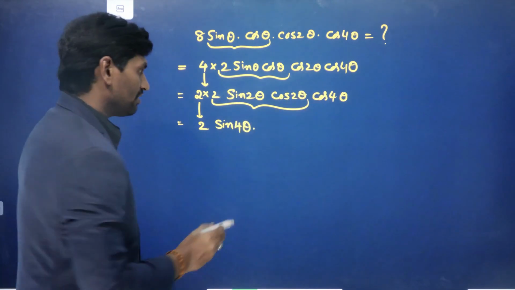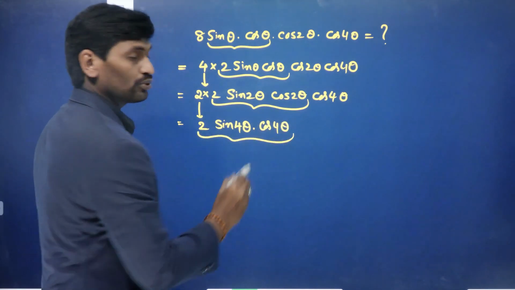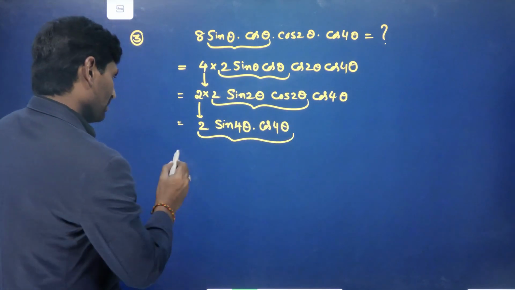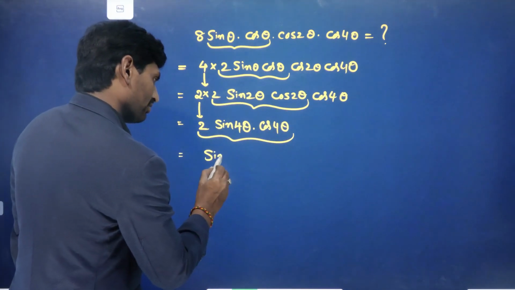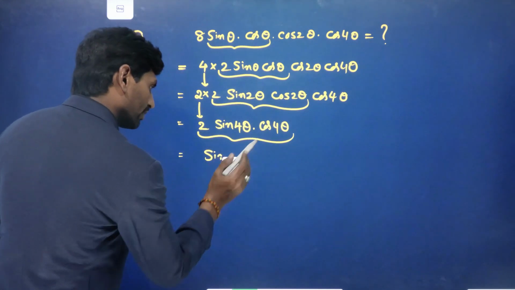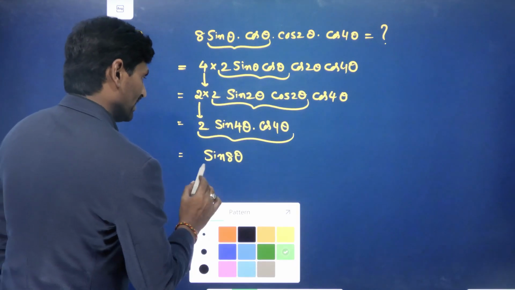And what is the remaining term? Cos 4 theta. Again it is in the form of 2 sin theta cos theta, the sin 2 theta formula, multiple angles here. So sin 2 into theta, theta value 4 theta, 2 into 4 theta becomes 8 theta. So the answer is sin 8 theta.